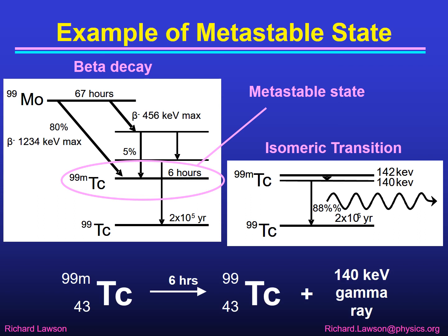So overall we can write that technetium-99m, with the m for metastable, with a half-life of 6 hours, decays into technetium-99 without the m, and in doing so gives off a 140 keV gamma ray. Once again, that's a nice pure form of emission, and that's very important in nuclear medicine.